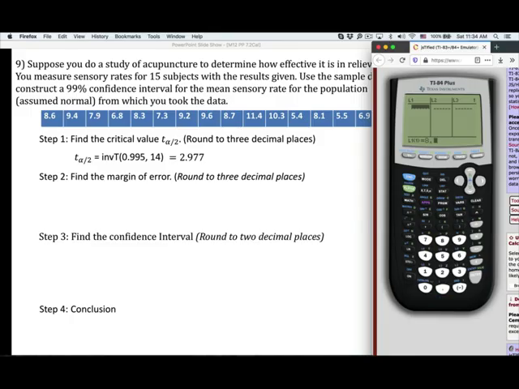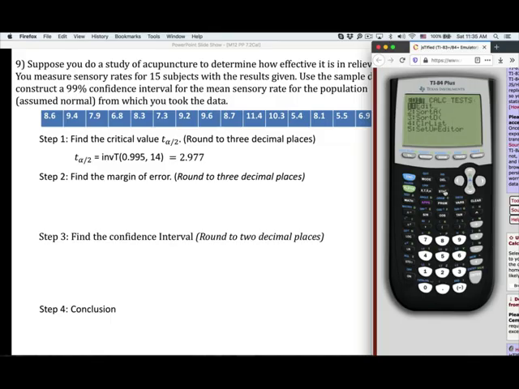We have 8.6, enter, 9.4, 7.9, 6.8, 8.3, 7.3. Okay, input the data.